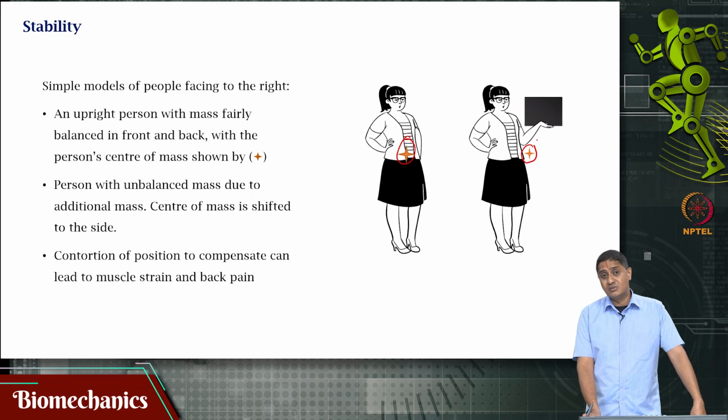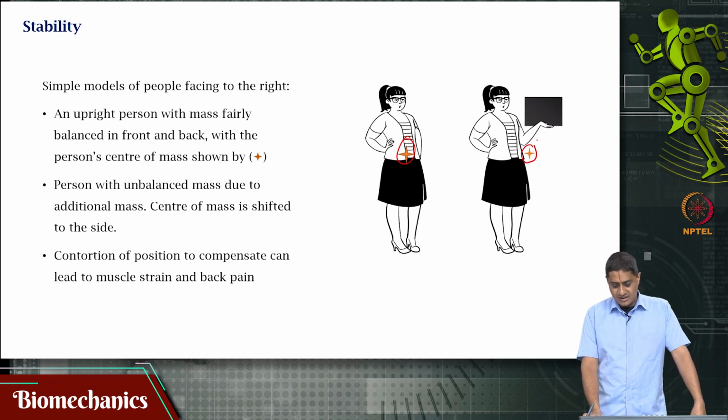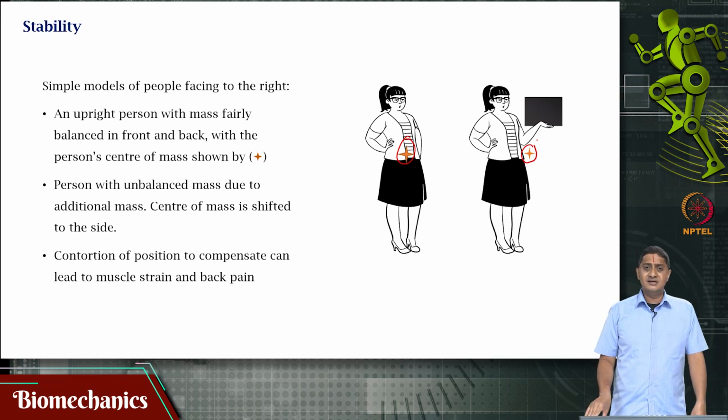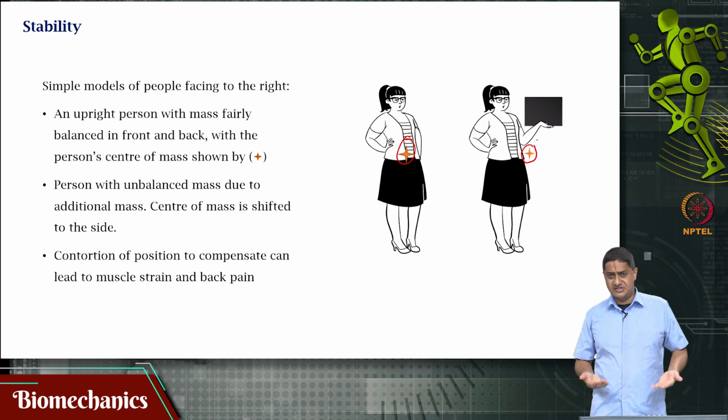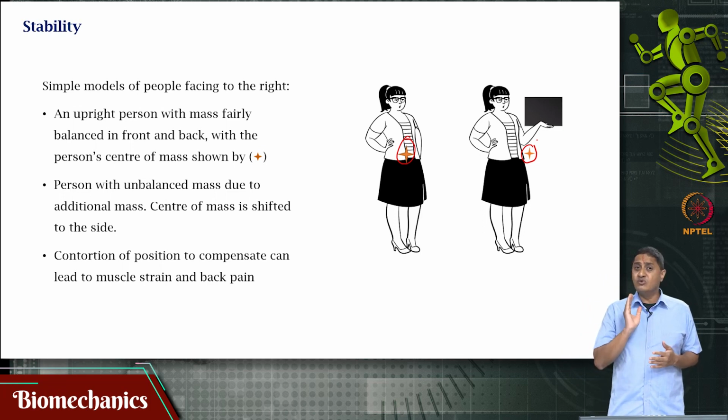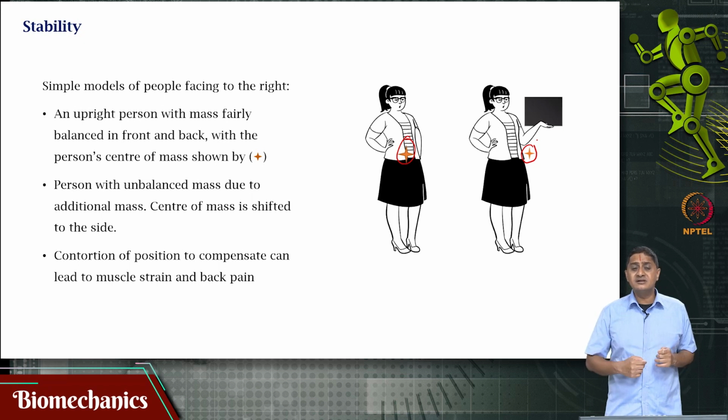Also, something to remember as we are discussing this: people who have big bellies. This is a relatively common problem nowadays, because obesity is the latest epidemic that we are all facing. What a big belly does is move the center of mass a little further in the anterior direction.